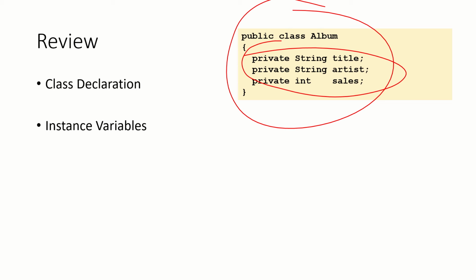What do we need to access those variables? You want to set the title, the artist, the sales, or even get those values, like what's the album title, what's the album's artist, what's the price. How can you get those values?